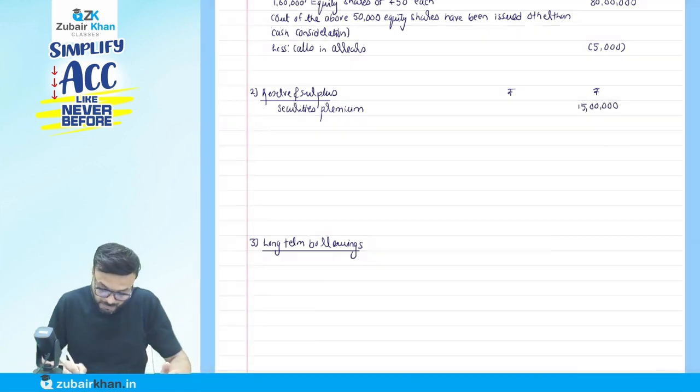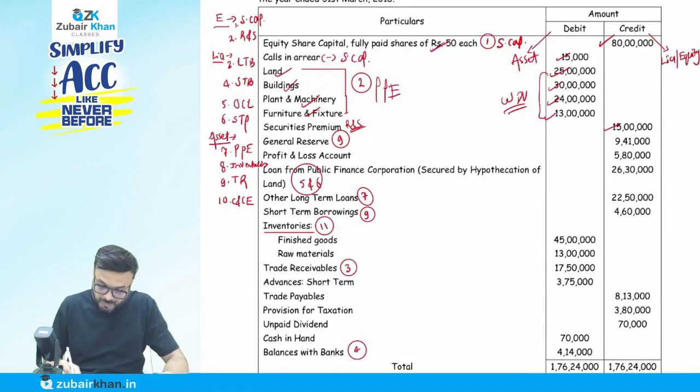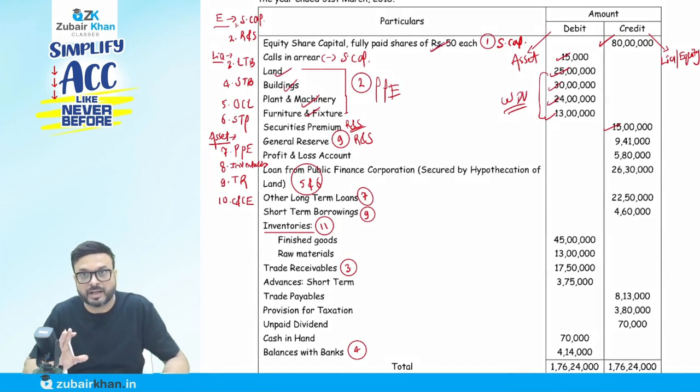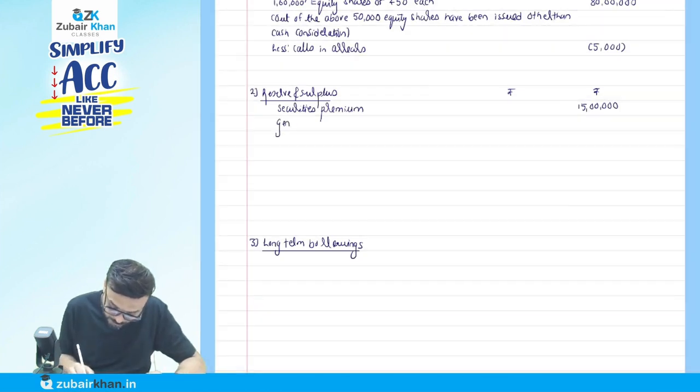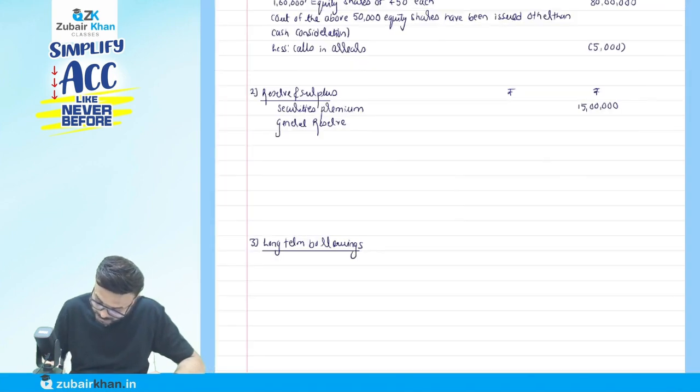Now we have here profit and loss. This general reserve also comes in reserve and surplus, but there is one adjustment on it. I will read it, but we are going to write it in the inner column, general reserve, 9,41,000.